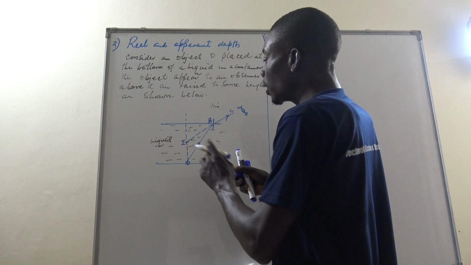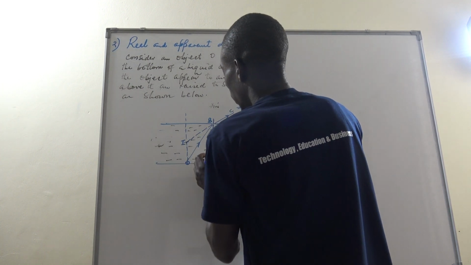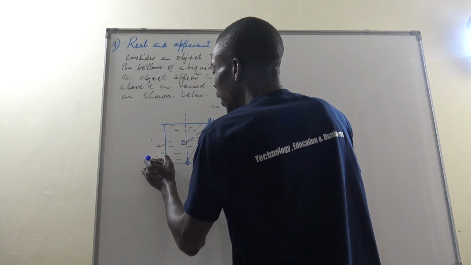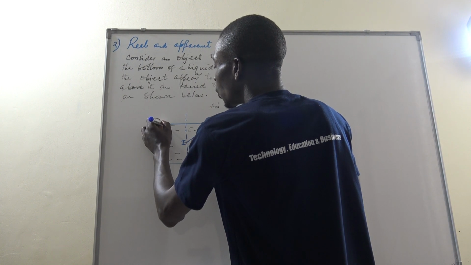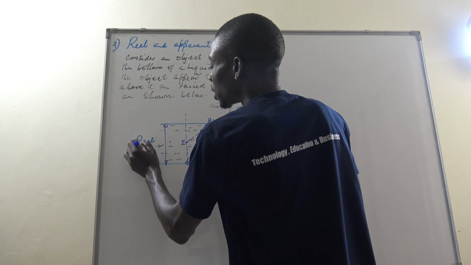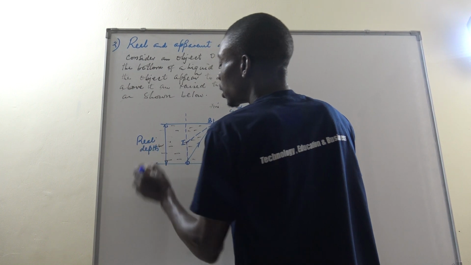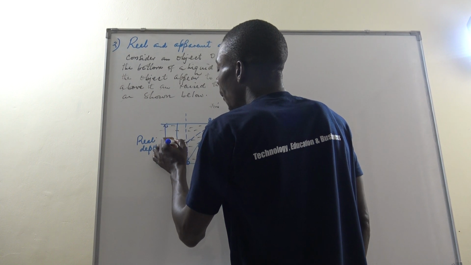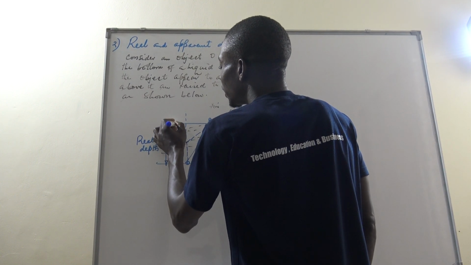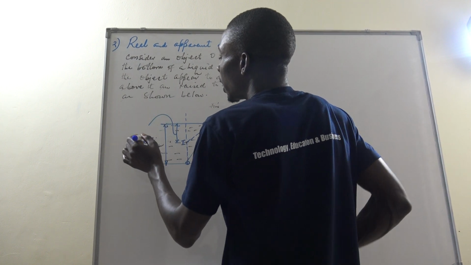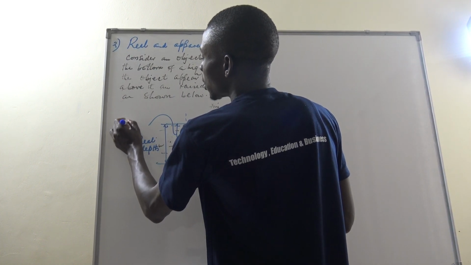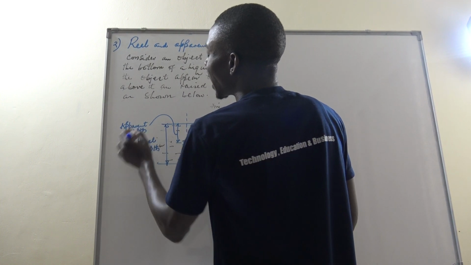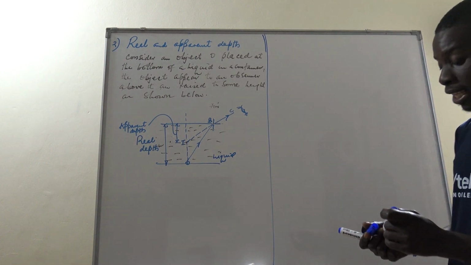Now, what is very true is that in reality, this is what we are calling the real depth. And then what is apparent, or which looks like, is this. This is what we are calling the apparent depth. It is apparent or relative. It looks like the depth is that.